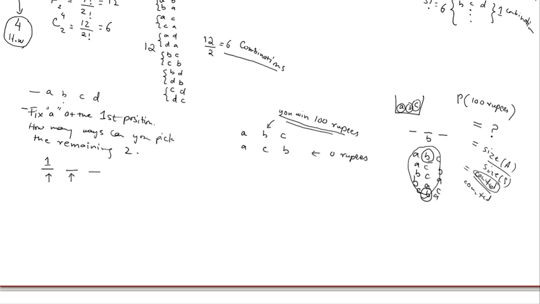How many letters do I have with which I can fill? 3, because A is taken. So this can be filled with any of these 3. And the last position can be filled in how many ways? 2. And that's your answer, 6.